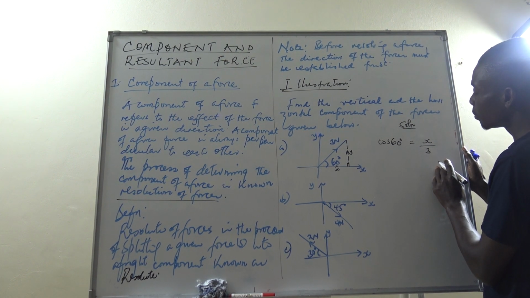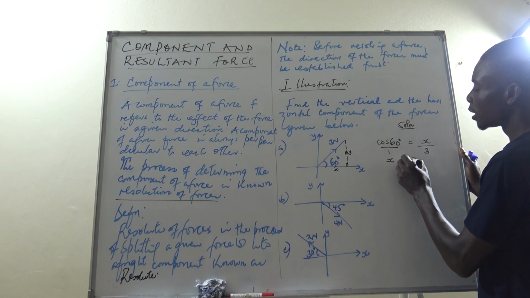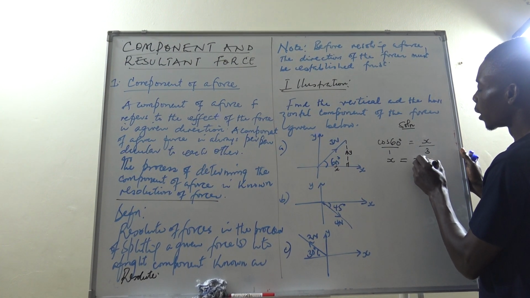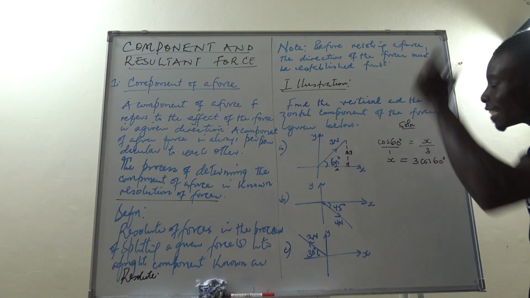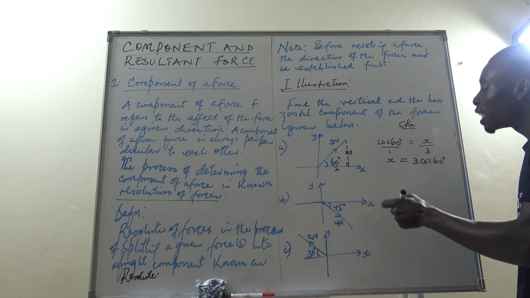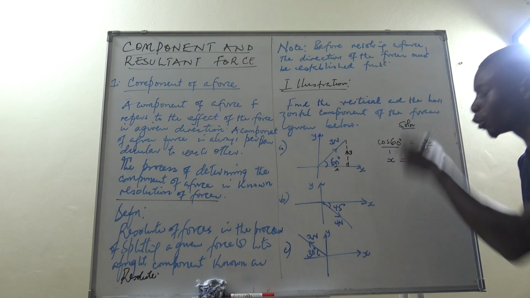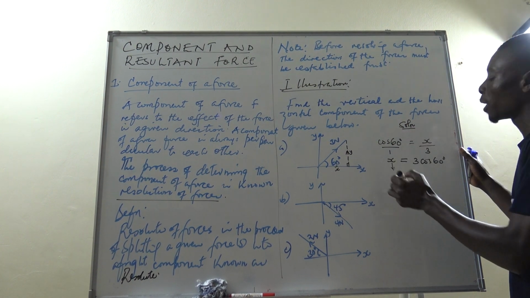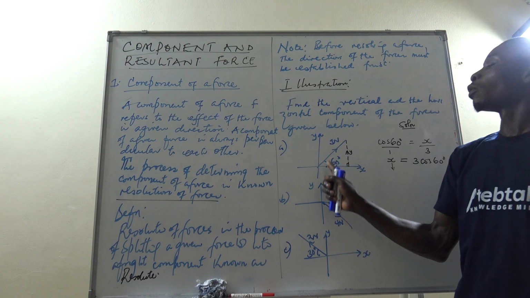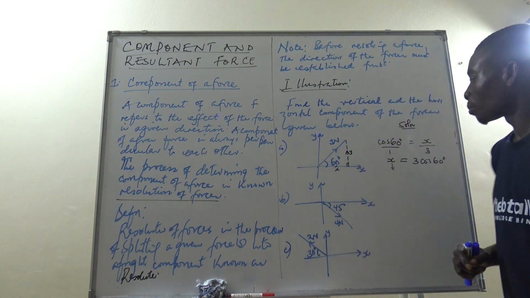And now what is my x if I cross multiply? It will mean that x is equivalent to 3 cos 60. And this is what we are calling the component of the 3 Newton force in x direction. So this one is what we are calling a component. But a component of what? A component of the 3 Newton force in x direction.